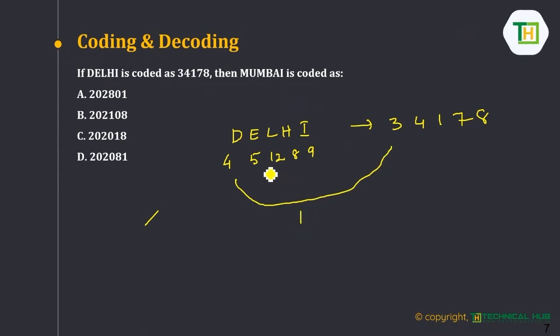And 5 is changed to 4, means subtract 1 here also. Here 12 is changed to 1, so what is the logic? First subtract 1, after that take the unit digit. So 12 minus 1 means 11.